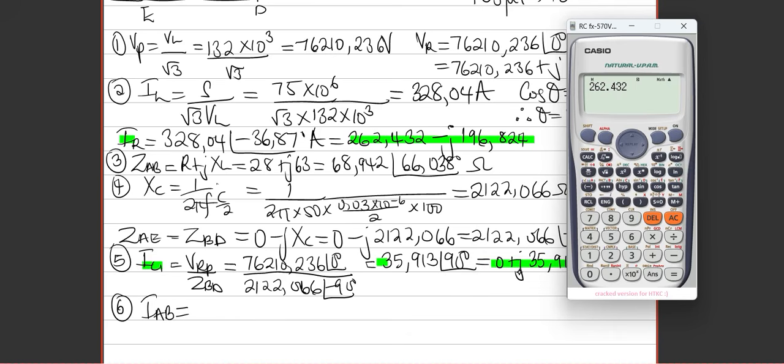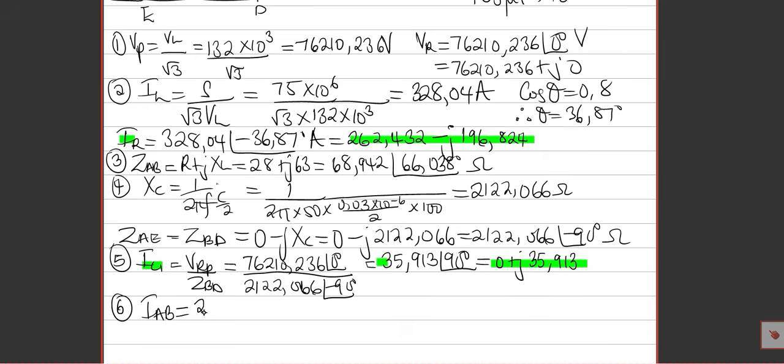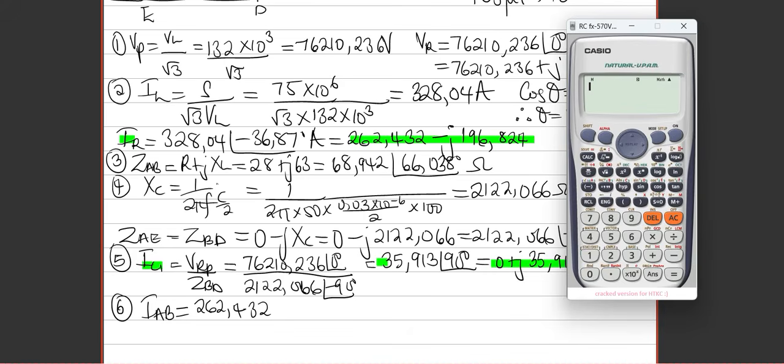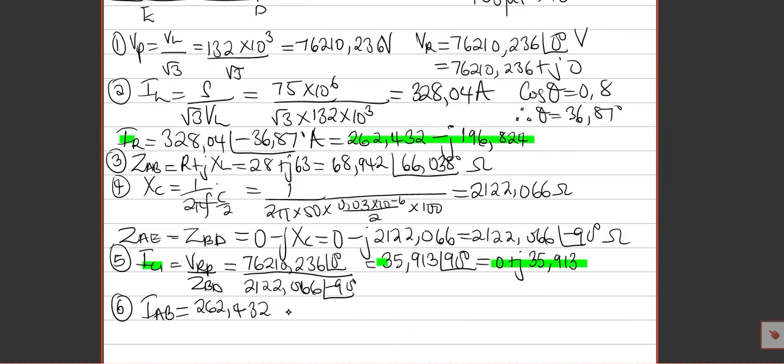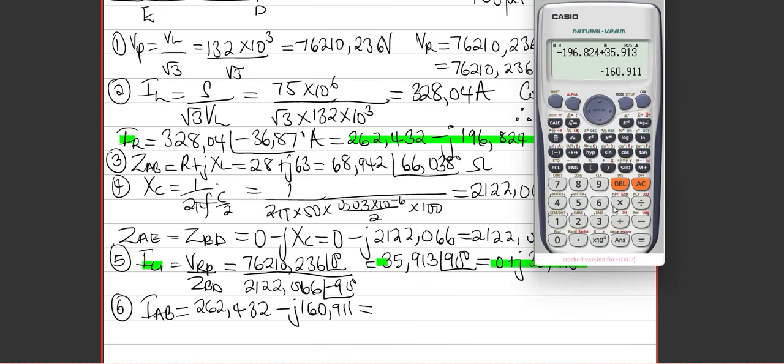So 262,432 plus 0 is the same number, 262,432. Now I'm adding the second number: minus j196,824 plus j35,913, which gives minus j160,911. You convert it to polar form.